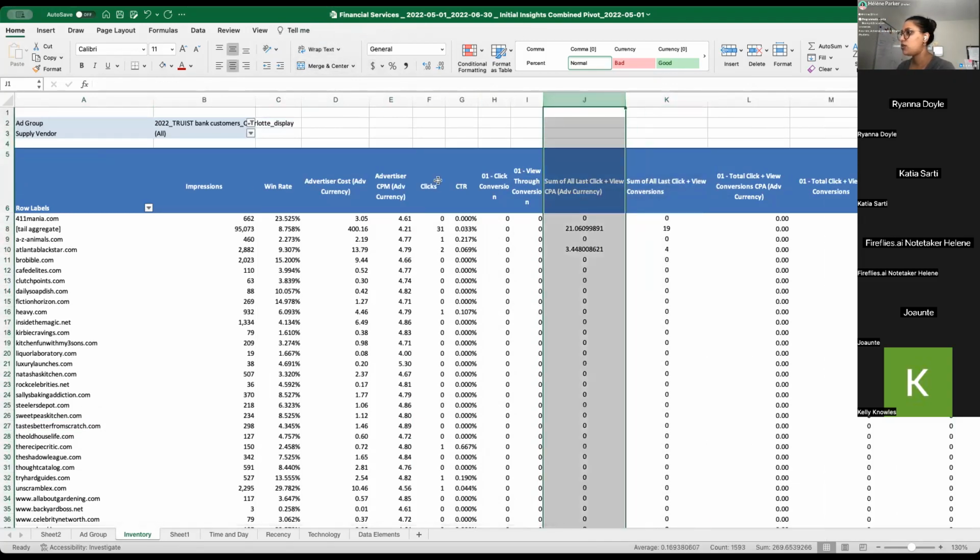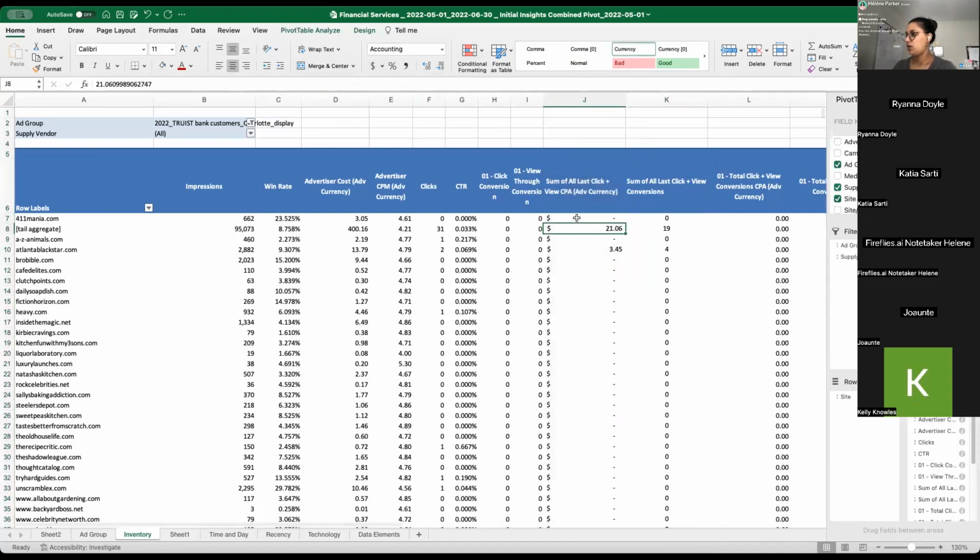And so I'm going to go look at my CPA, and then I'm going to look at 2 things. So tail aggregate is The Trade Desk's way of saying those are all the websites at the tail end of performance.